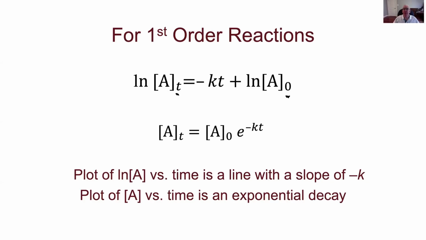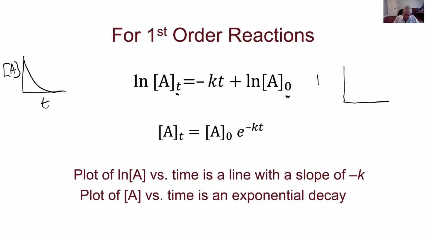So there's two ways we can compare this to something. If I plot concentration versus time, that one starts at A0 and it comes down and it's an exponential decay. That's a really lousy looking exponential decay, okay? But it should be an exponential decay. The other way to do it is to take the log plot, and we usually talk about it this way because people like graphs that make straight lines, okay?